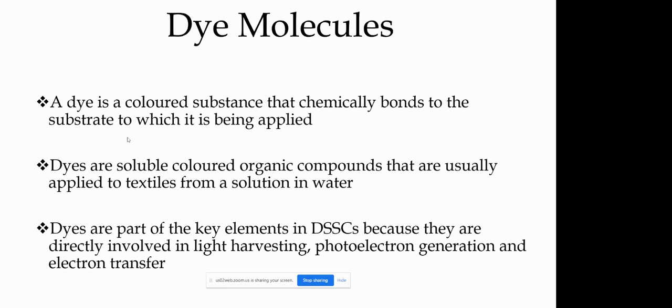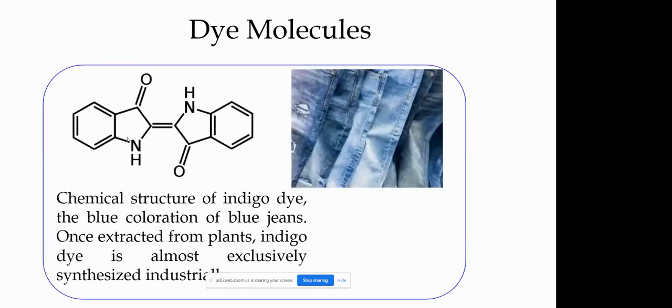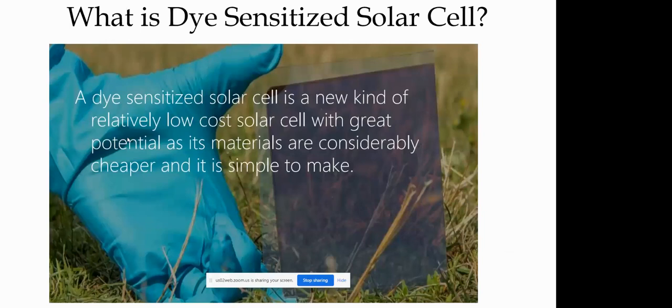An additional advantage is that these dye molecules can be integrated anywhere. For example, we use colored clothing as well, right? This is a relatively new solar cell. The advantage is that it is not a PN junction based solar cell.